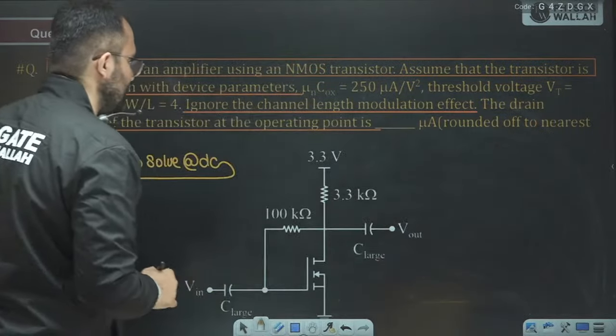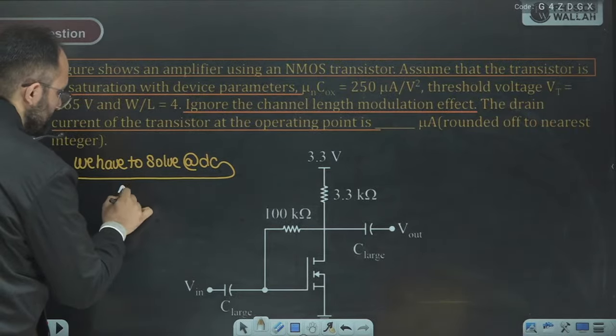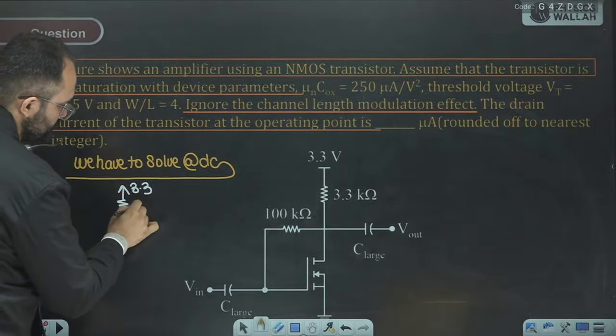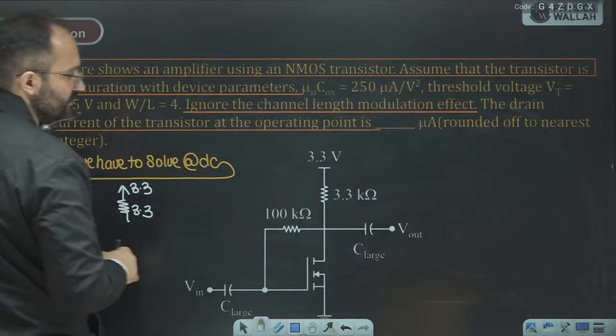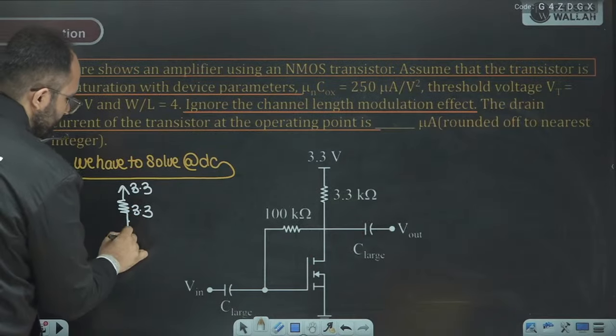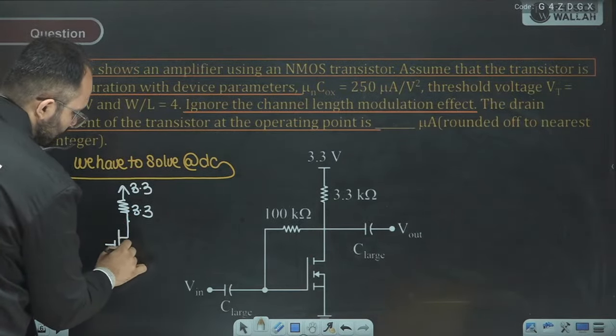So here we can see 3.3, and there is no requirement of the 100 kilo ohm because there is no current in the gate terminal.